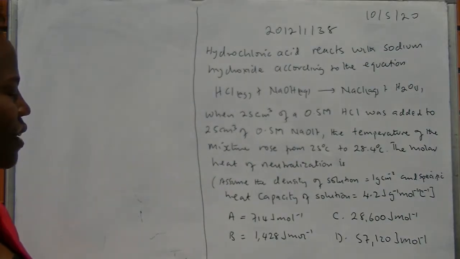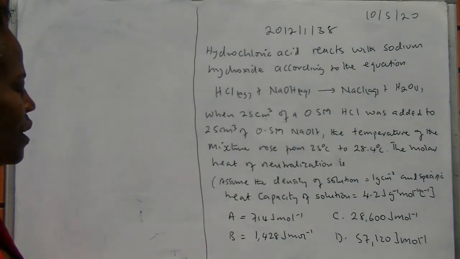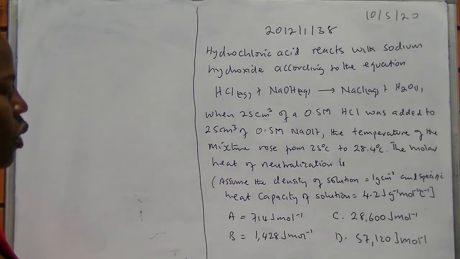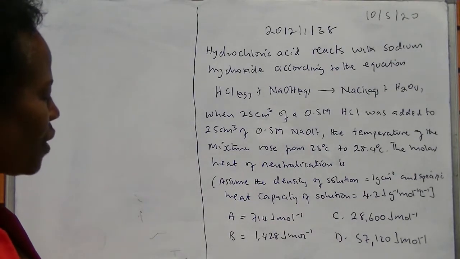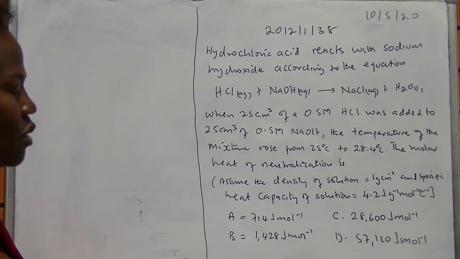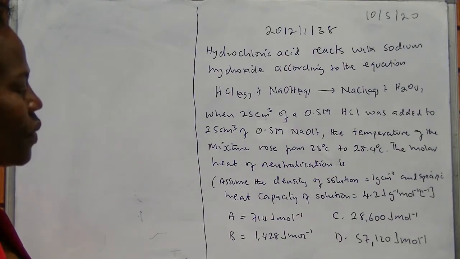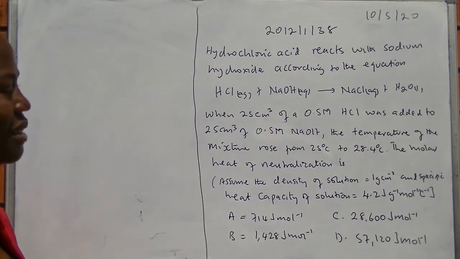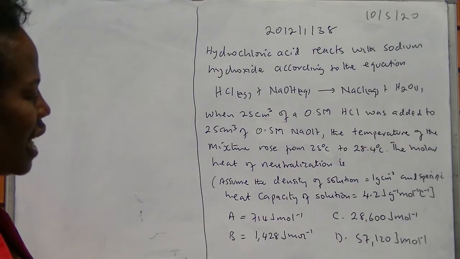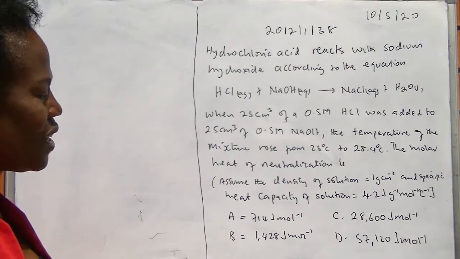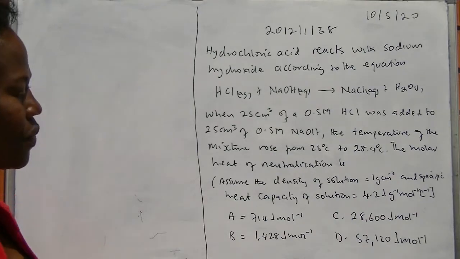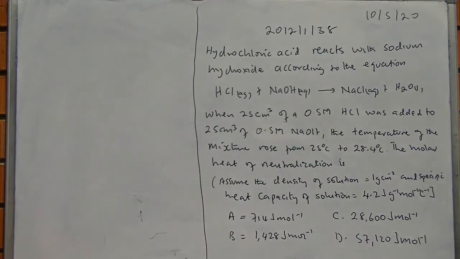The answers are given to us as A is equal to 714 joules per mole, B 1,428 joules per mole, C 28,600 joules per mole, and D 57,120 joules per mole.